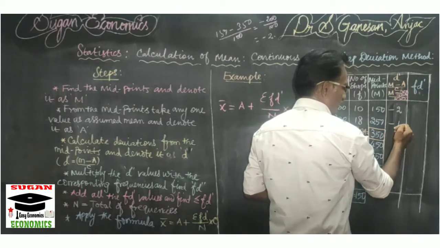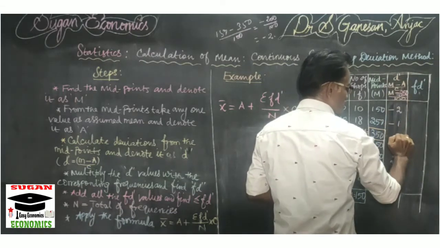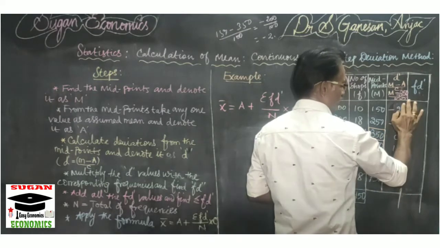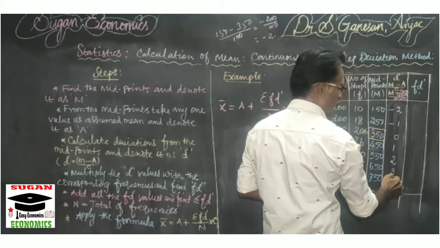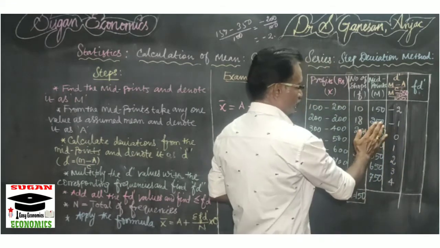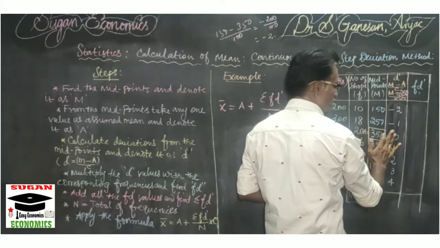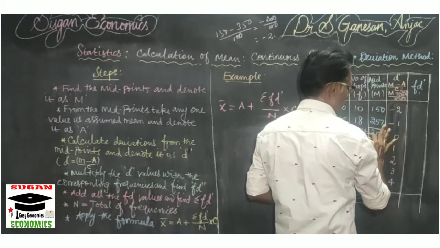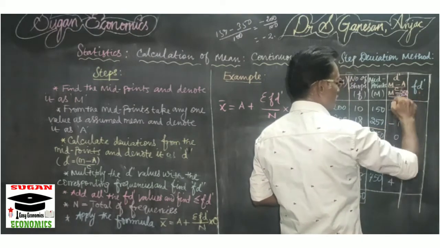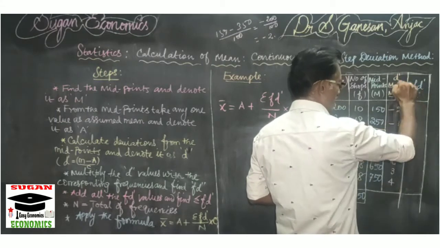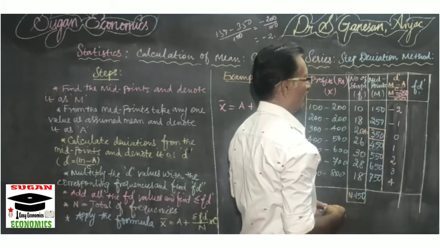So above 350 you put minus 1, minus 2, and below you put plus 1, 2, 3, 4. First you assume any one of the midpoint values as the assumed mean, put 0 in the d dash column corresponding to it, and the values above are minus 1, minus 2, minus 3 and so on, and below 1, 2, 3, 4. So these are all the d dash values.